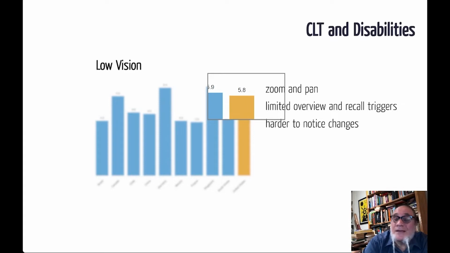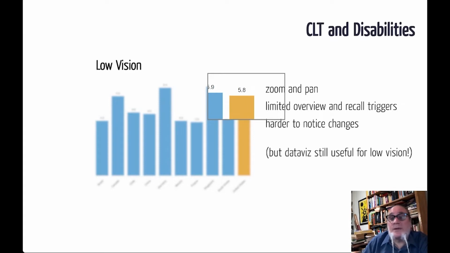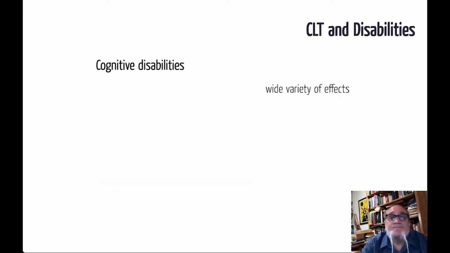But I also want to emphasize that data visualization is really useful for people with low vision. Much more useful than a data table because big blocks of color are much easier to perceive than tiny little numbers that all look very similar when your eyesight isn't perfect.